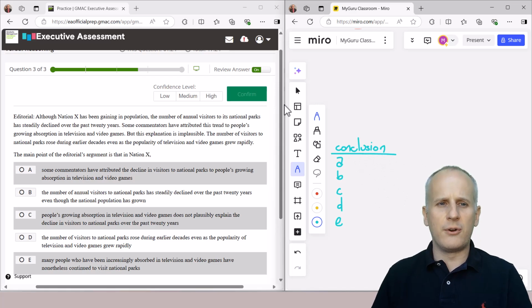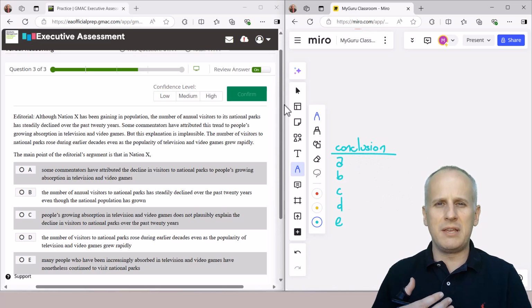What you need to do is focus mostly on that conclusion anytime you're being asked to do something, whether it's strengthen, weaken, identify a flaw, identify a conclusion, identify an assumption with an argument. So the way that you can identify a conclusion is by recognizing that the conclusion is whatever needs support.